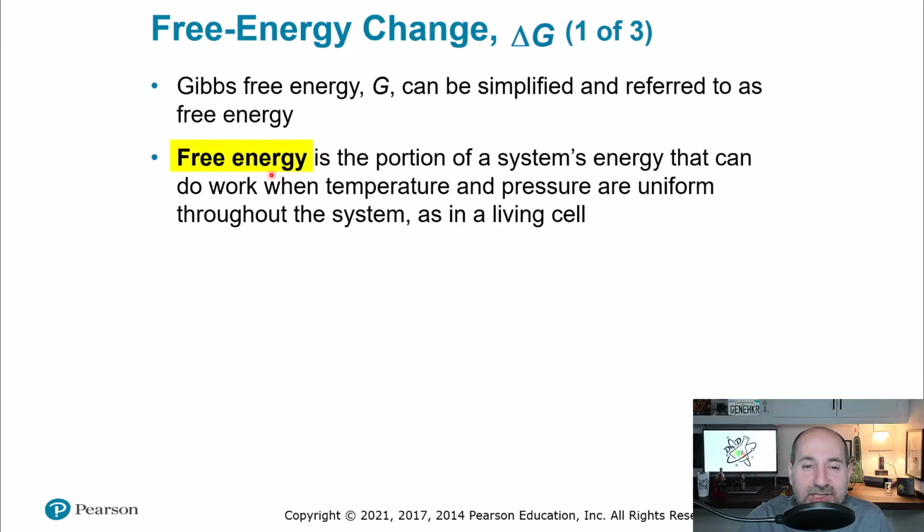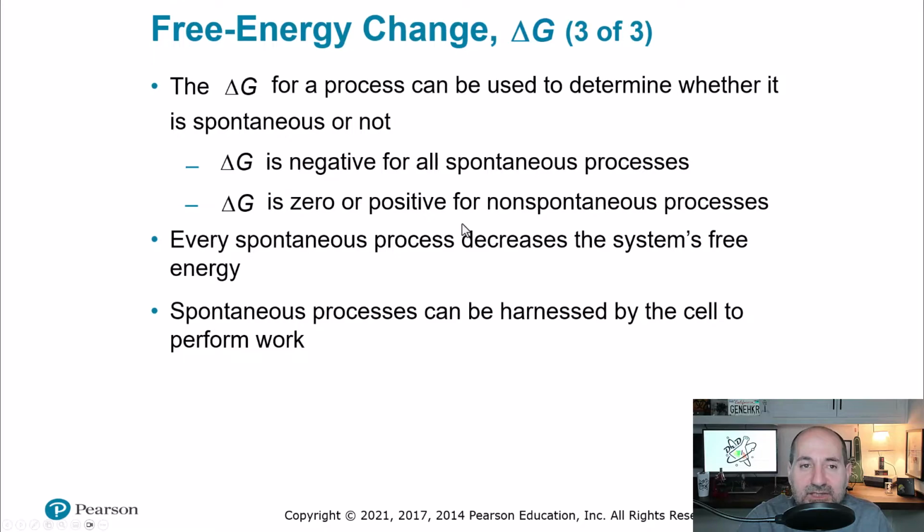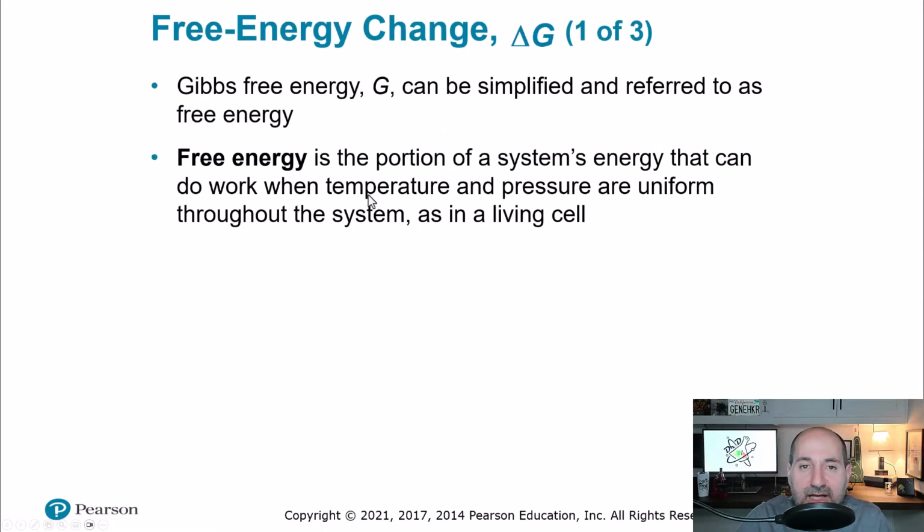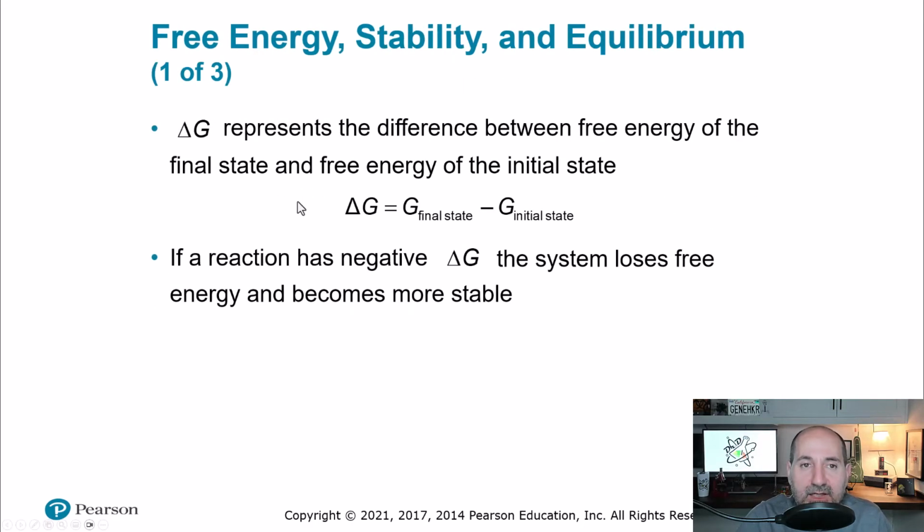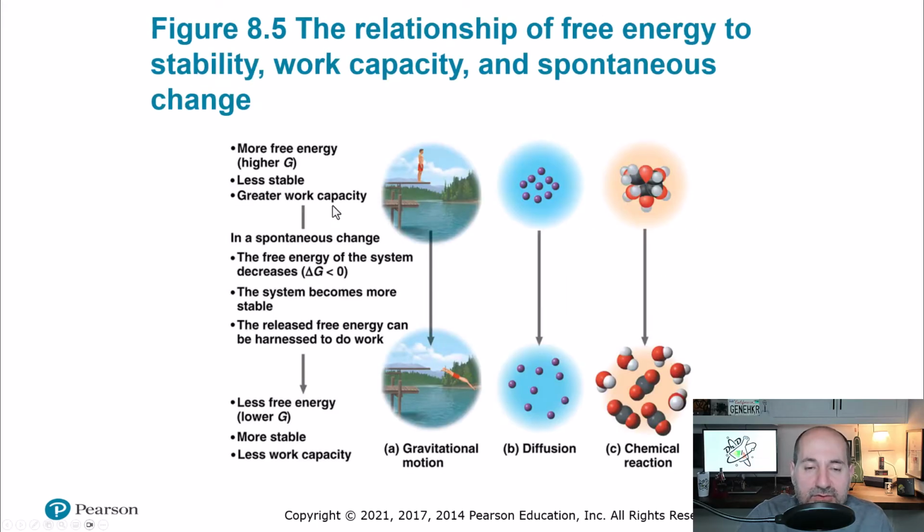Free energy is the portion of a system's energy that can do work when temperature and pressure are uniform throughout the system, as in a living cell. Now, I'm going to give you some examples of free energy, but for now, just keep in mind that free energy is a system's energy that can do work. Okay? Now, let me give you some examples to help solidify this concept.